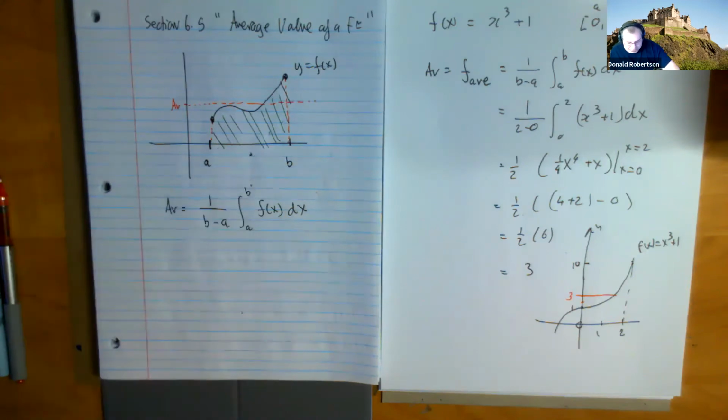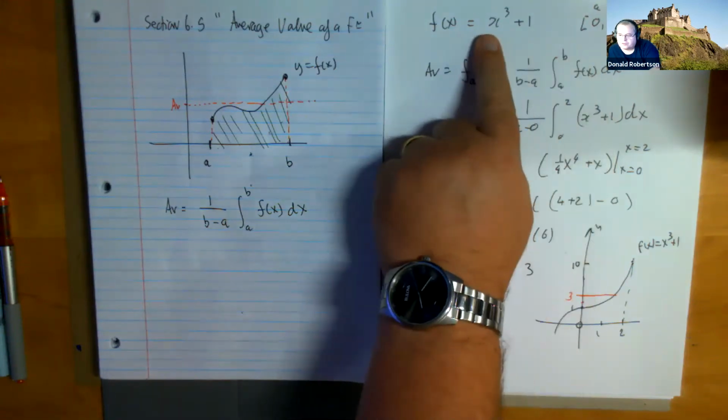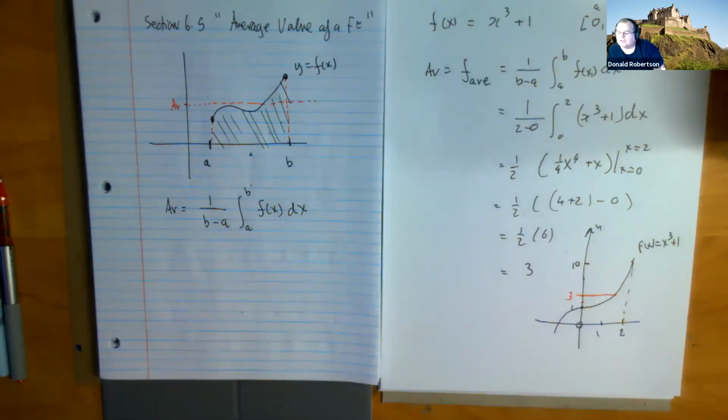So we know on average its height's about 3. If this represented some kind of temperature, the average temperature during the day would be 3.